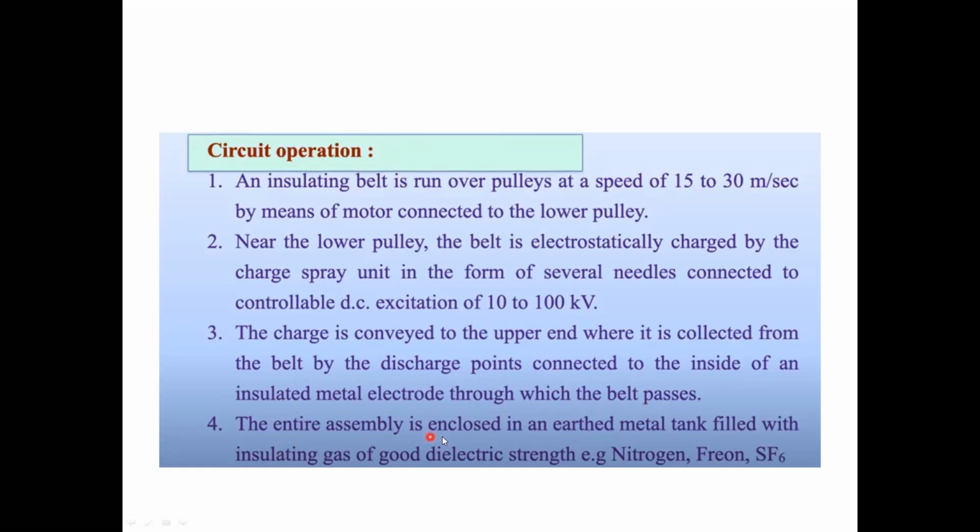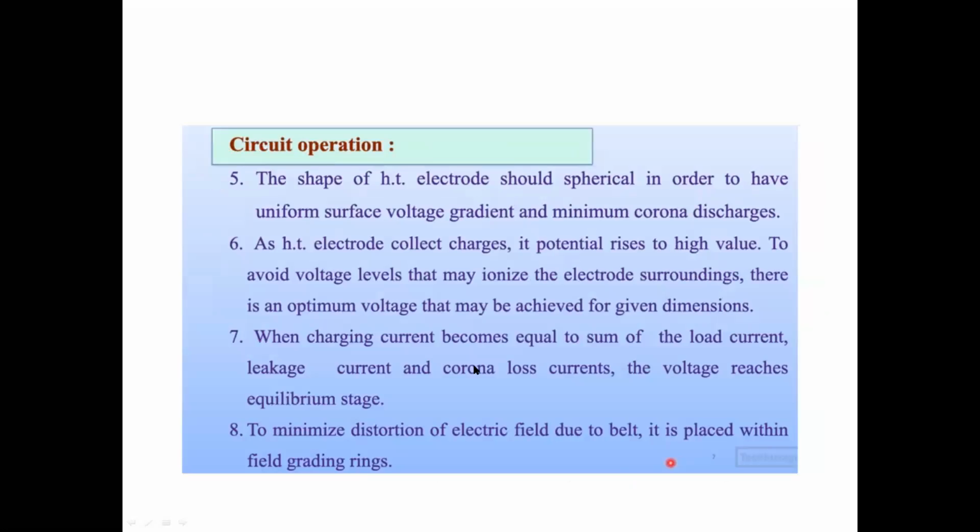The entire assembly is enclosed in an earthed metal tank filled with insulating gas of good dielectric strength, for example nitrogen, freon, SF6. The shape of the HT electrode, the high voltage terminal, should be spherical in order to have uniform surface voltage gradient and minimum corona discharges.